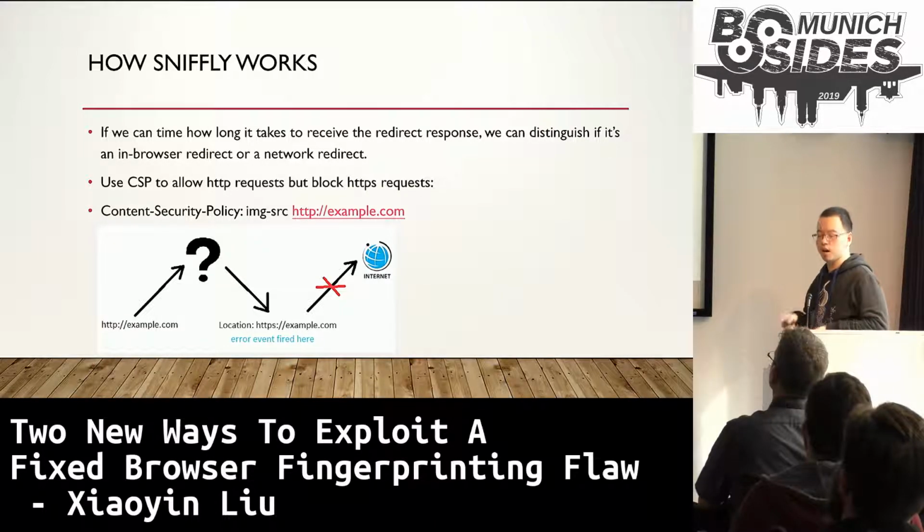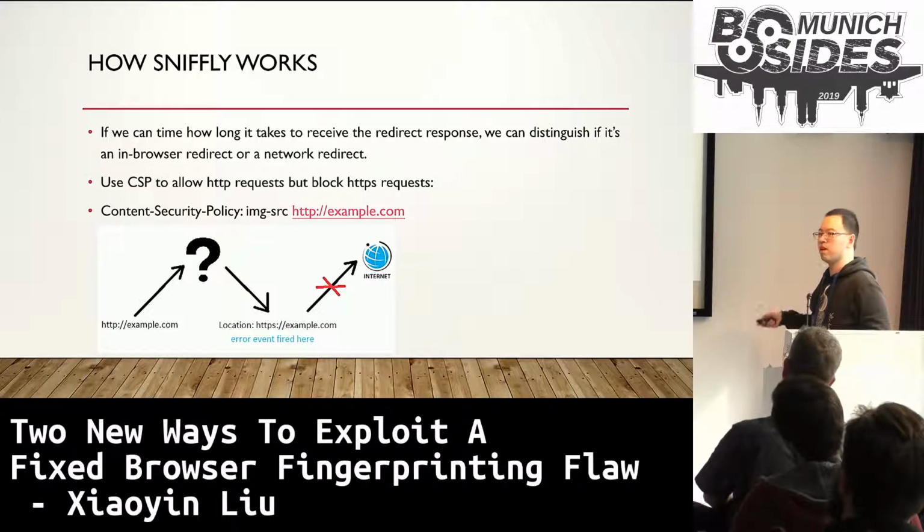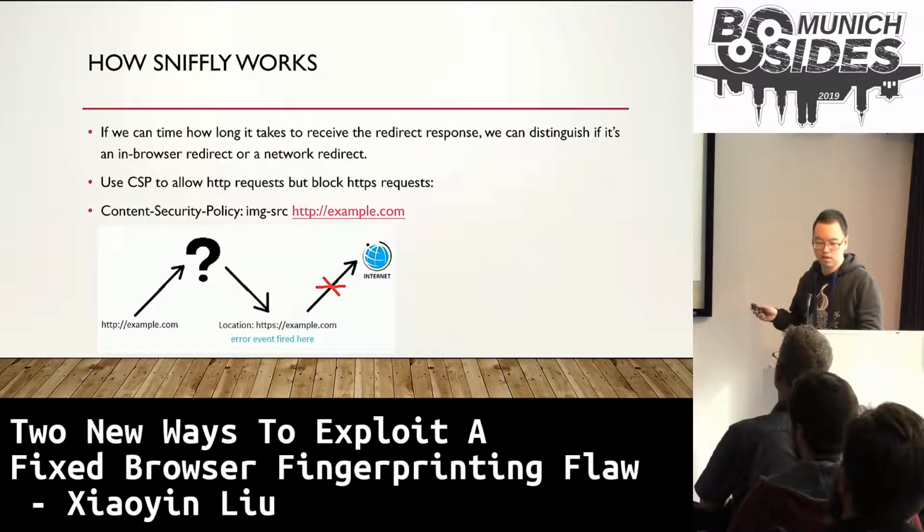Here we only need to time the first request, which is the redirect part. So we have to find a way to block this second request, which is the key for the SNIFFLY attack.